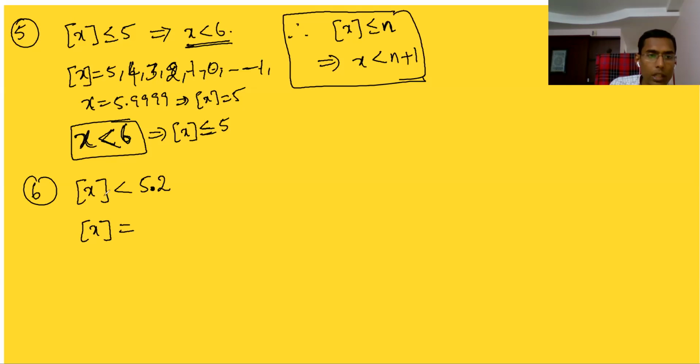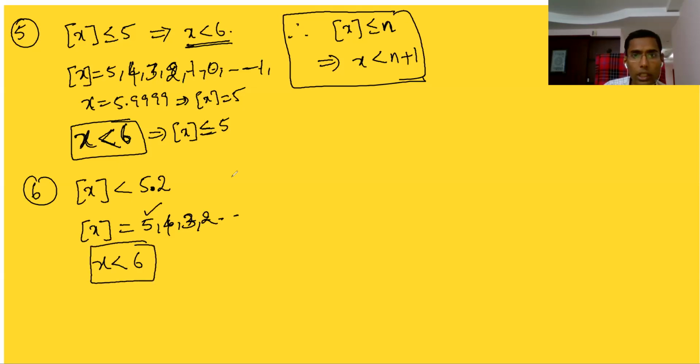You simply write integer less than 5.2 means it should start with 5, 4, 3, 2. So less than 5.2 means it should start with 5. So simply here also x is less than 6, because 5.99999 also you will get 5. So maximum it can be 5.999. But if it is equal to 6, you are going to get 6, so wrong.